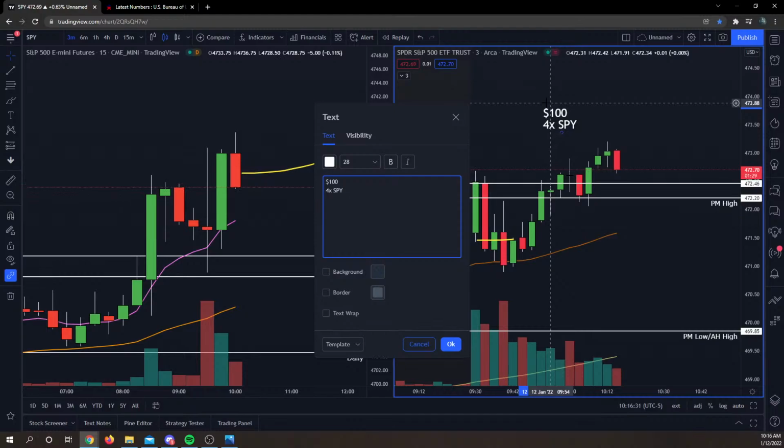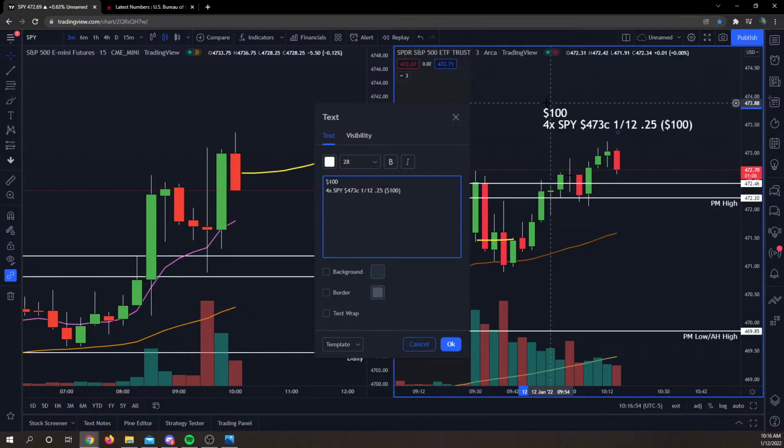Let's say it's a 473 call for a 1/12 expiration. This is something that you would see on a move like this. We got these contracts at 0.25, so that means it's $100.